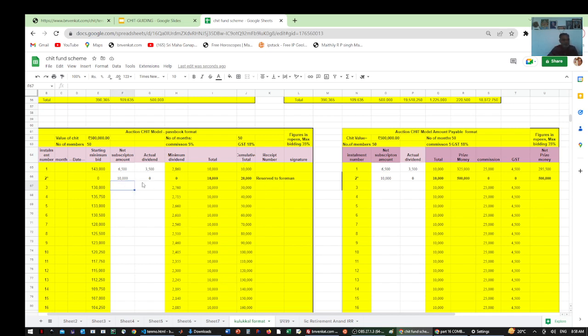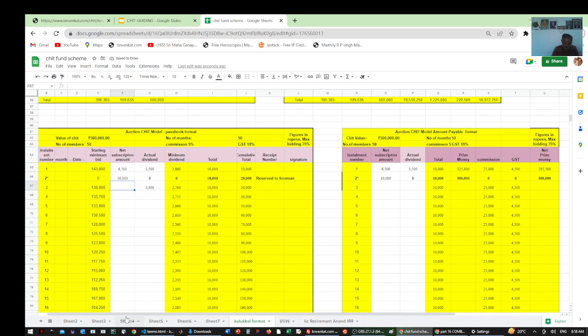Let us assume in the third month, instead of 1,75,000 rupees total dividend, there is only one successful bidder at 1,70,000 rupees. That means the actual dividend per member would be 3,400.